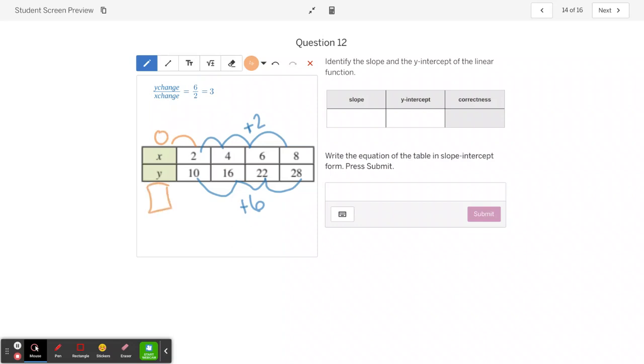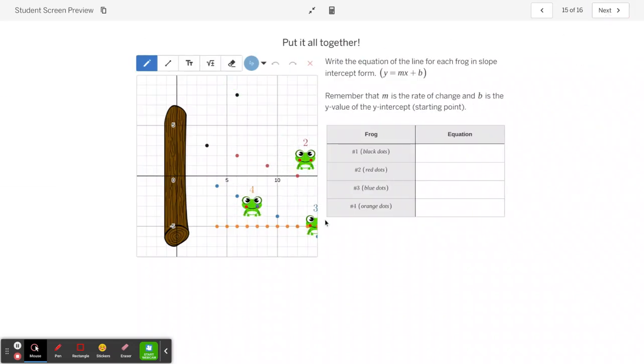So what number is going to be here? Well, if I'm adding 6 going this way, what would I do to get this number? Can't add, so I would subtract. So 10 minus 6, yep, is 4. So there is my b. Plug those in. You should get it right.